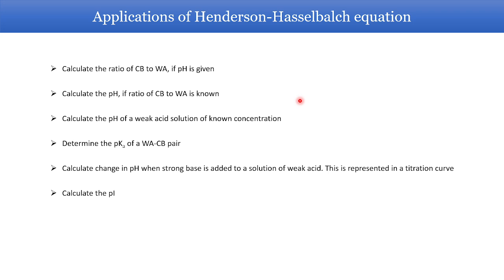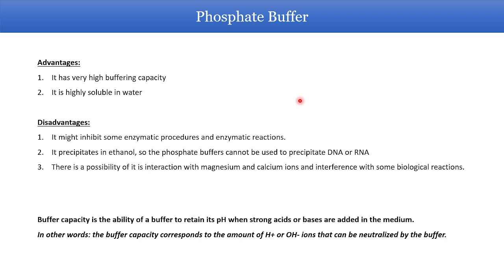Determining the pKa value is also possible if you bring the concentration of conjugate base and conjugate acid equal and measure its pH, because under that situation pH is equal to pKa. We can also calculate the changes in pH when a strong base is added to a solution of weak acid, and this can be represented in our titration curve. And finally, we can calculate the pI, or the isoelectric point.